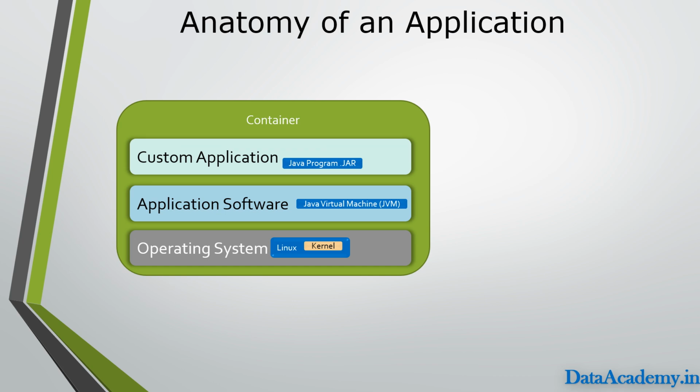So a container is a very lightweight packaging of the operating system, the application software, and our custom application. It is lightweight because we are assuming there is no dependency on the hardware, because we have completely removed the hardware from the architecture.